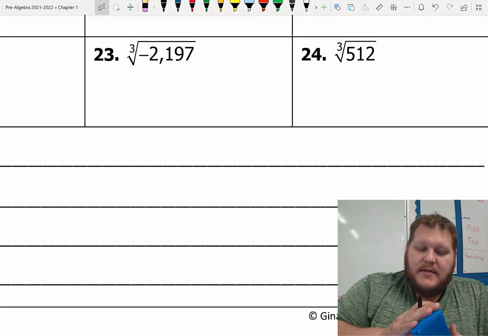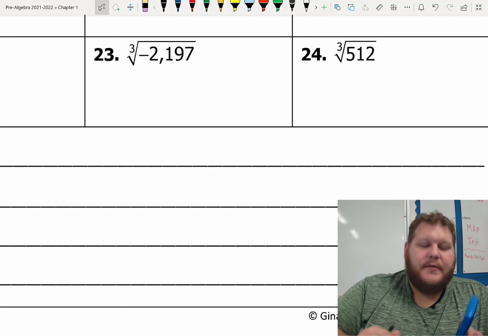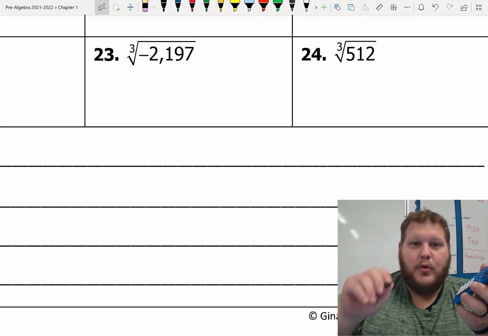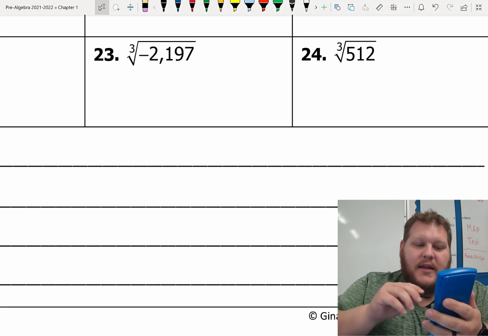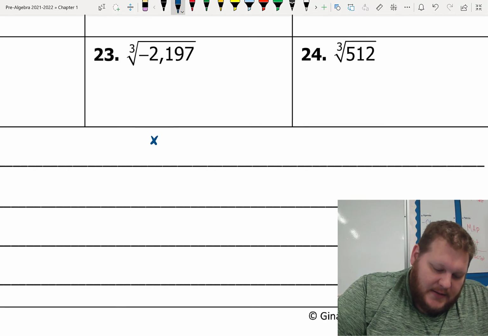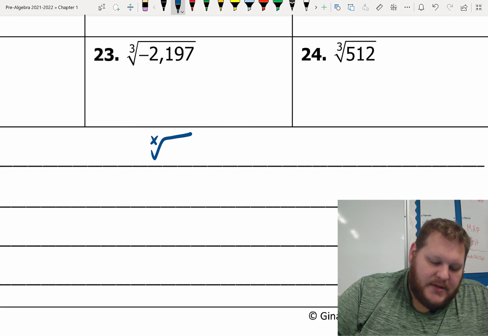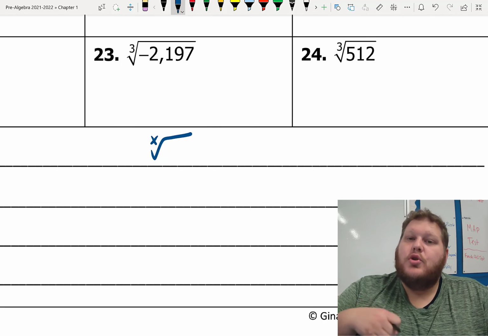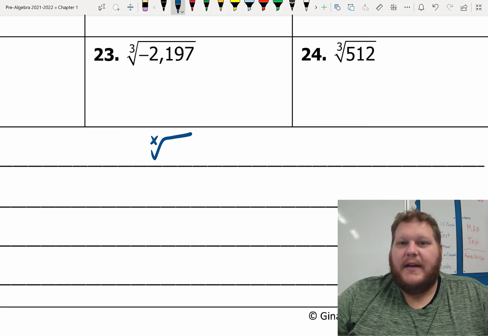The button above my x squared button, that exponent button, the little rooftop button, if you look at what's written on the calculator right above that, it looks like this. It's a little x and then the radical symbol. That button lets you choose what root we're trying to evaluate.